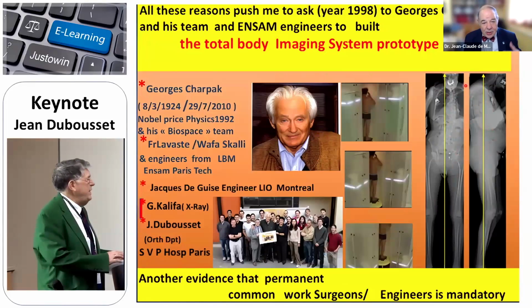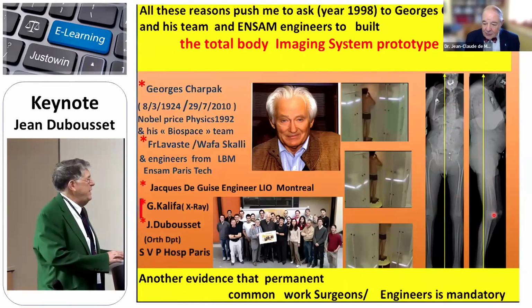And the other important thing is that we have a total body imaging system. So we have also the lower limbs on the X-ray. We can integrate the vertebral deviation and the deviation of the lower limbs, very important for adult patients.